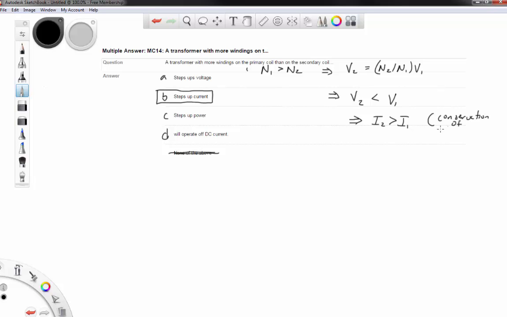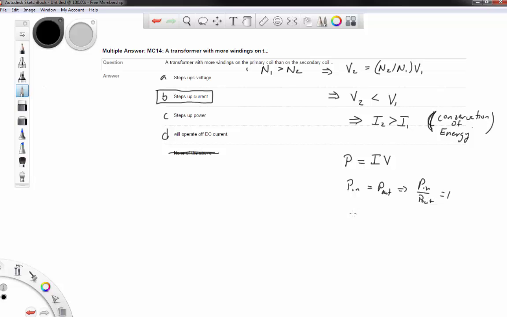This is because we're basically saying that the power in must match the power out, and power in this case is I times V. It's the Ohm's Law power. So if P in is equal to P out, this implies P in over P out must be equal to 1.